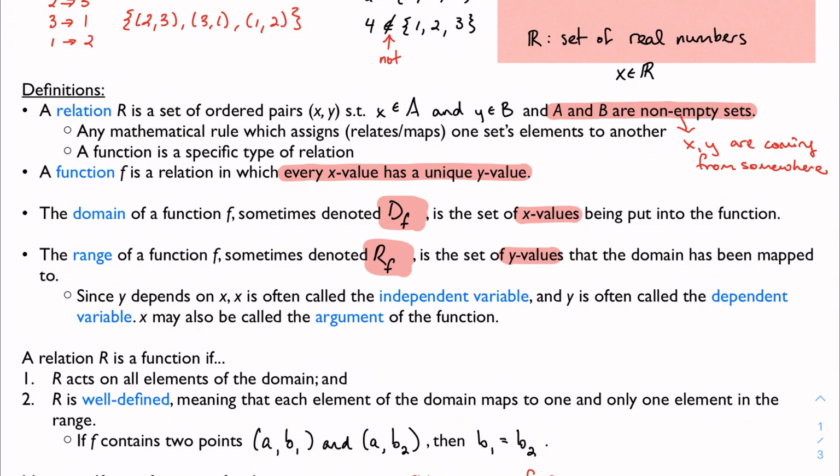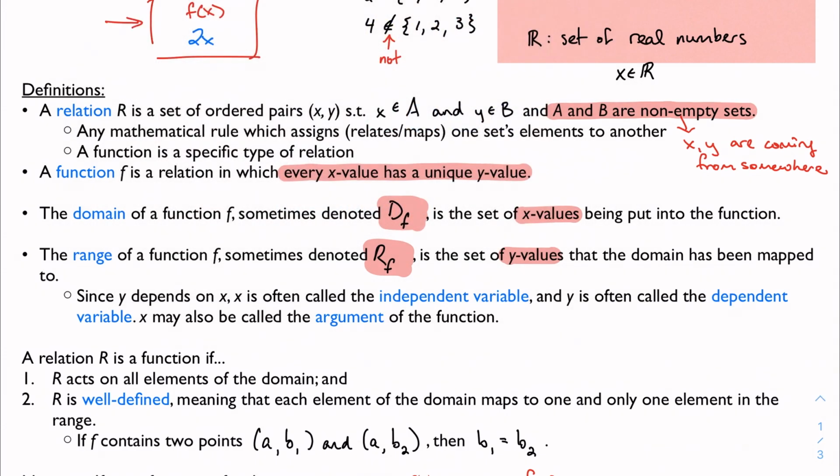And sometimes we'll actually call x the independent variable because we can change it independent of any other variable in the function. And y is often the dependent variable because its value depends on what input x I'm putting into the function. That sounded really complicated, and it's not. If I think about a function as a machine, we'll call that machine f. And maybe my function is the doubling machine.